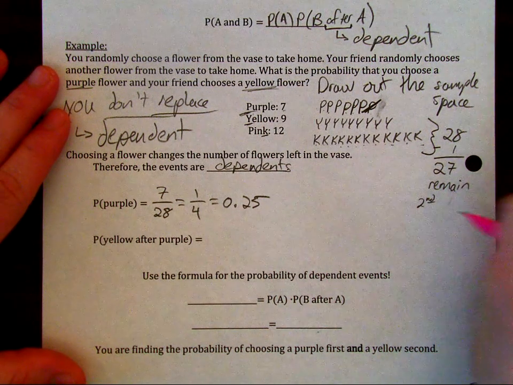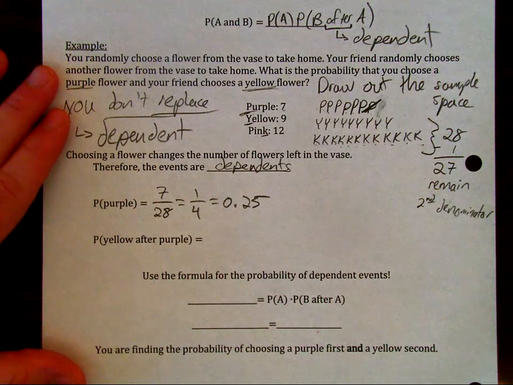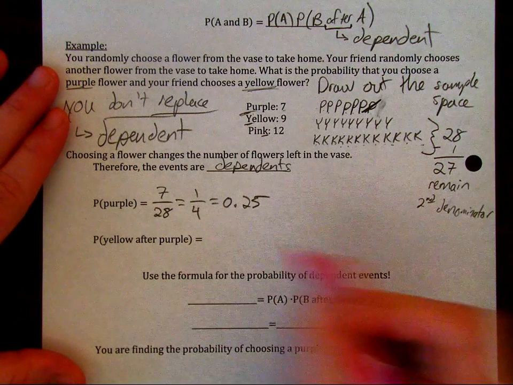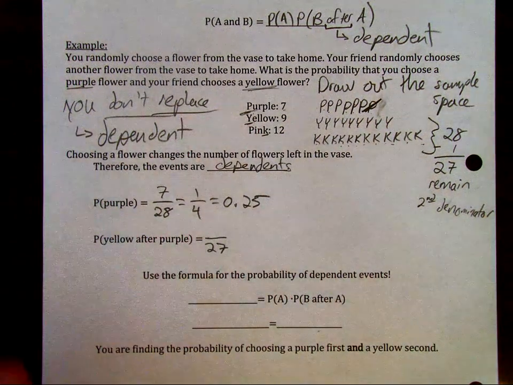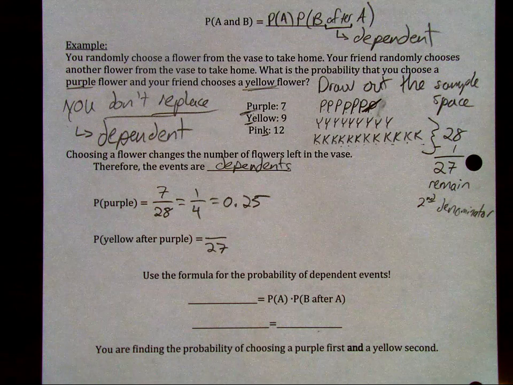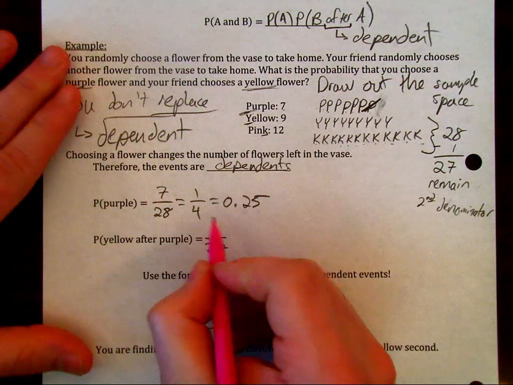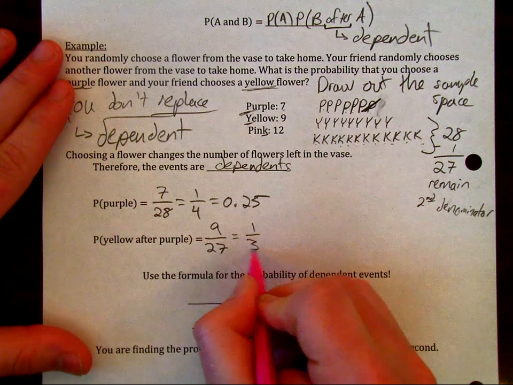That's going to be our second denominator. So right away, I can write 27 on the bottom because we took one out, we did not replace it, and so our friend picks a yellow. How many yellow are left? 9. Very good. We have 9 remaining. Again, that is 1/3, which is equal to 0.3 repeating.